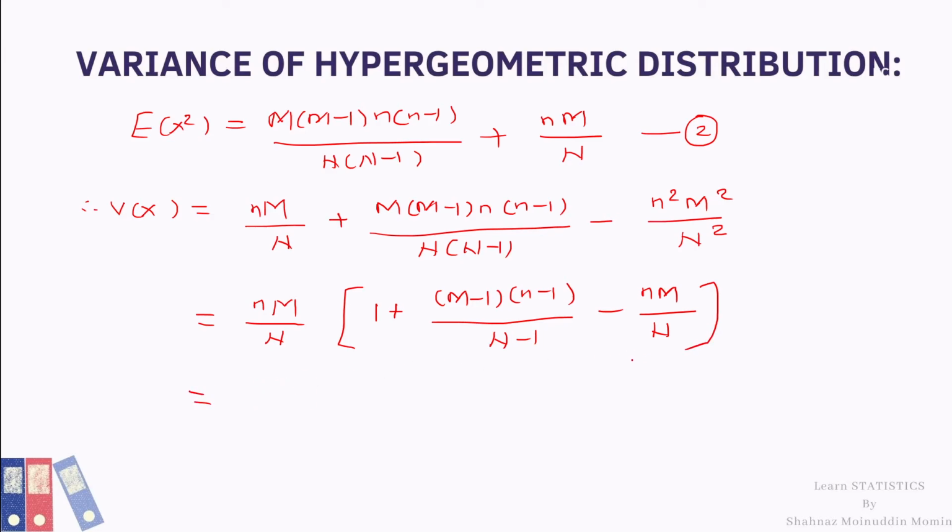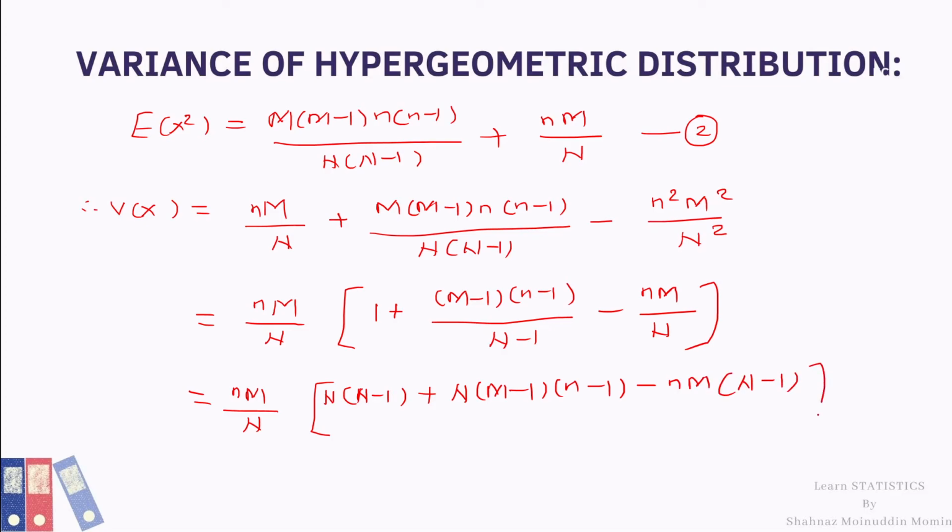After taking the LCM, we get nm by n into n into n minus 1 plus n m minus 1 n minus 1 minus n m n minus 1.